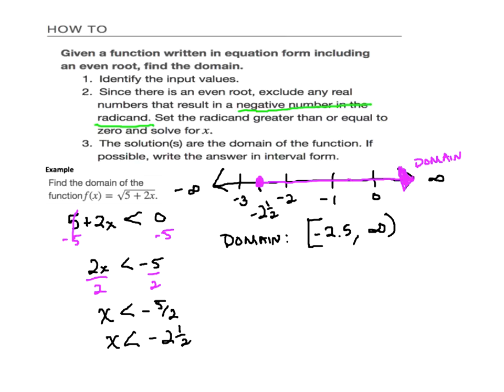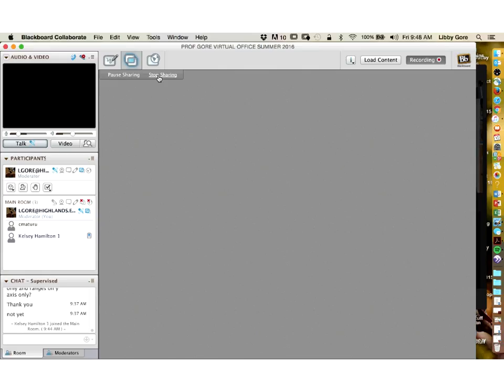Now let's take a look at this graph so you can see how, graphically speaking, this entire graph is not going to exist when x is less than -2.5. So that is the square root of 5 plus 2x.